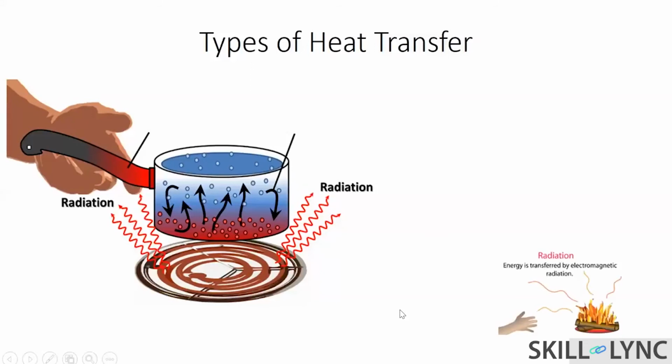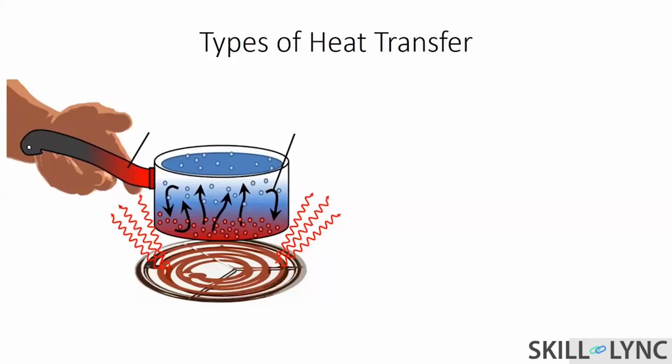I thought of taking this simple example to help you understand the types of heat transfer. You have a coil or a burner which has been heated, which radiates heat, and let's say you have a pan with water. You're trying to boil that water. So we'll try to understand types of heat transfer with this simple example.